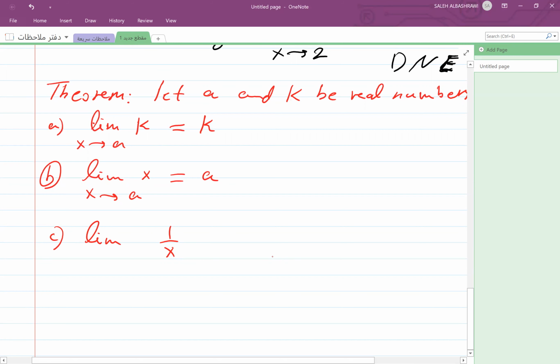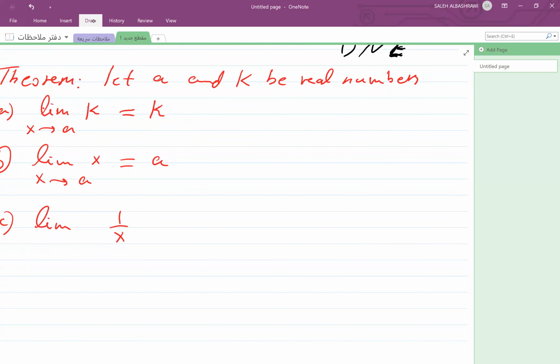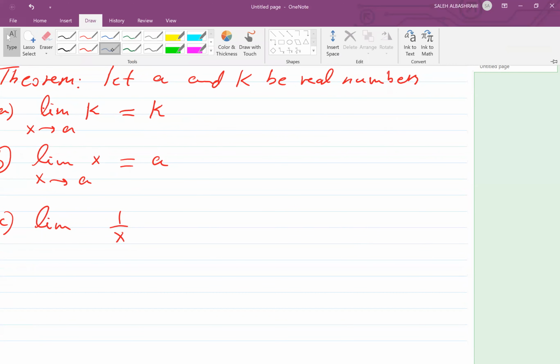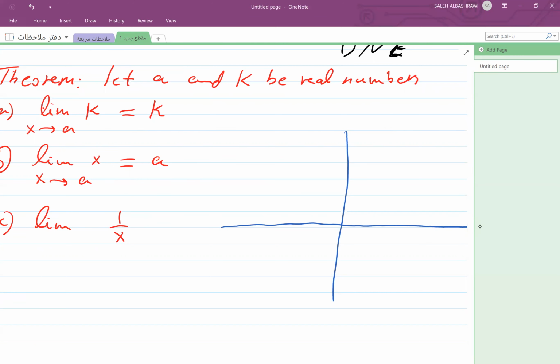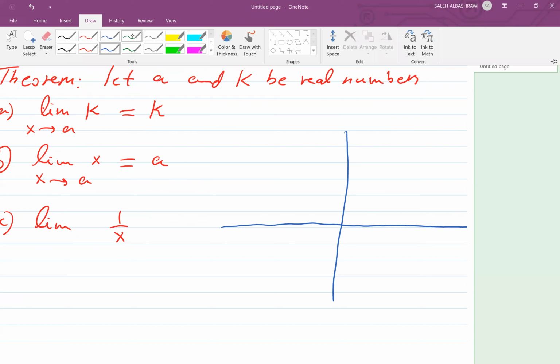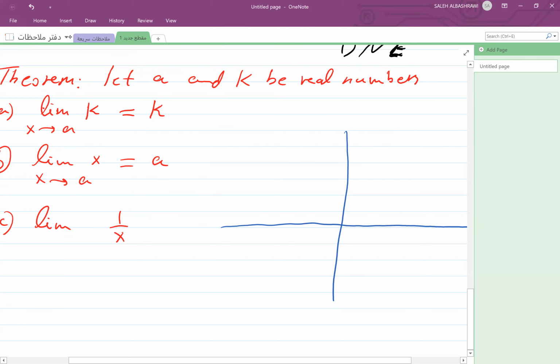We know that the rational function 1 over x is undefined when x is equal to 0. The graph for this function when x is equal to 0 is undefined, but we know the shape of the graph takes this shape for the positive and takes this direction for less than 0, where it is negative.